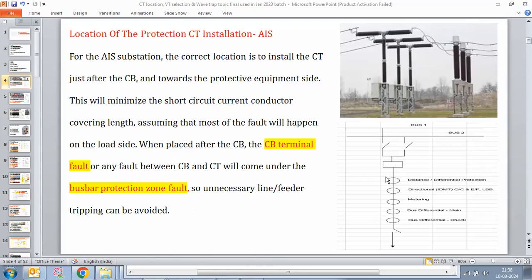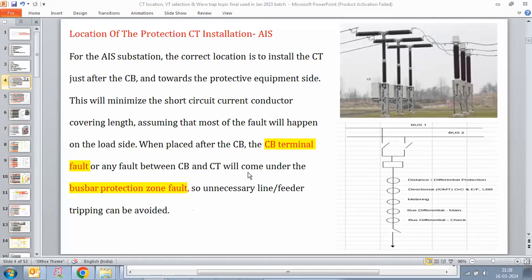So when this fault comes under the bus bar protection zone fault, unnecessary line feeder tripping can be avoided. This may not be clear yet, so do not worry, because we have not discussed the protection module, which is module number 12.